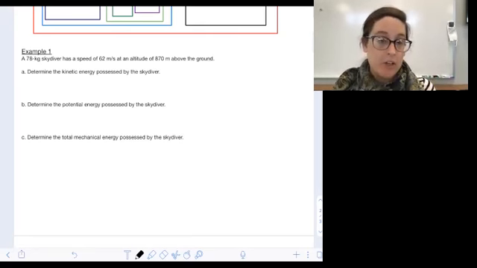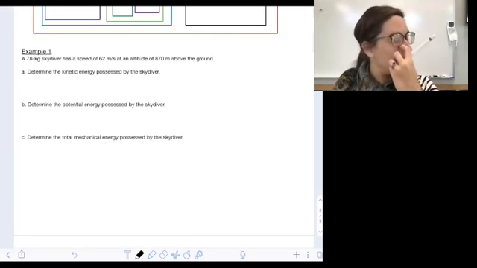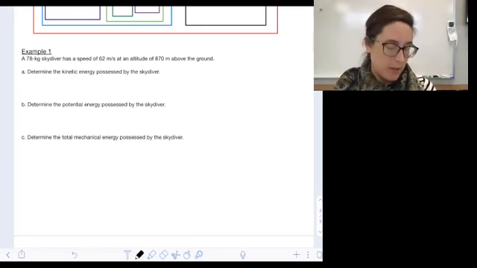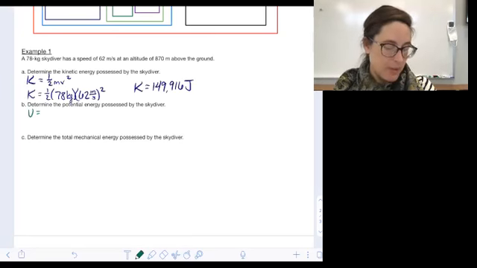Because this skydiver is also above the ground, we know that there also is some potential energy associated with him. Specifically, it would be gravitational potential energy. The guy's not going to deform and come back to his original shape, so we're not going to worry about spring potential energy. Instead, we're going to calculate just his gravitational potential energy.